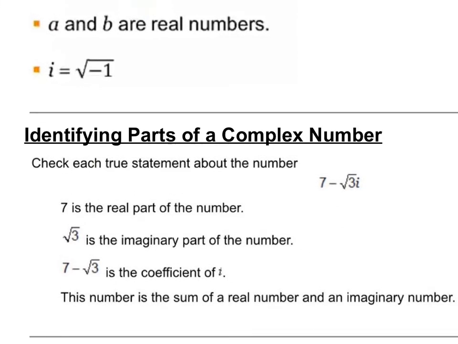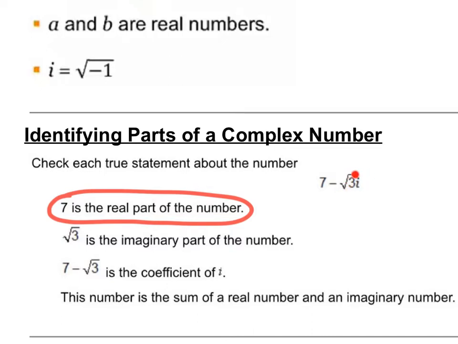So what we want to do is identify the parts of a complex number, okay? And so check each true statement about the number. So I've got 7 minus the square root of 3 i. So we know that 7 is a real number, and so that's a true part, okay? And it says here that the square root of 3 is the imaginary part of the number. That's not true. i is the only part of the imaginary number, okay?